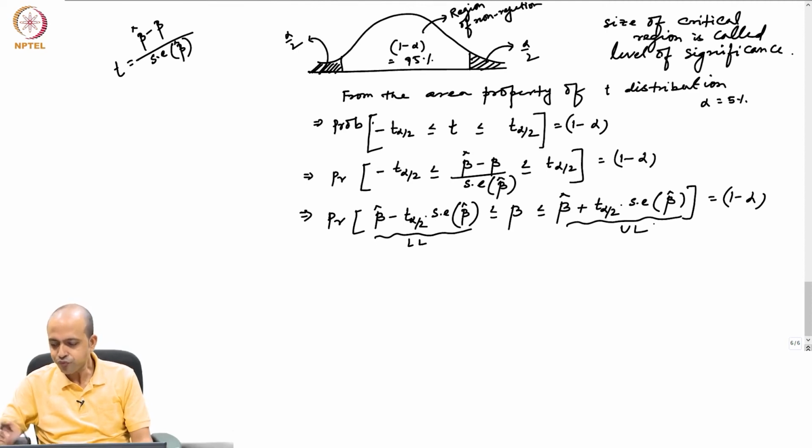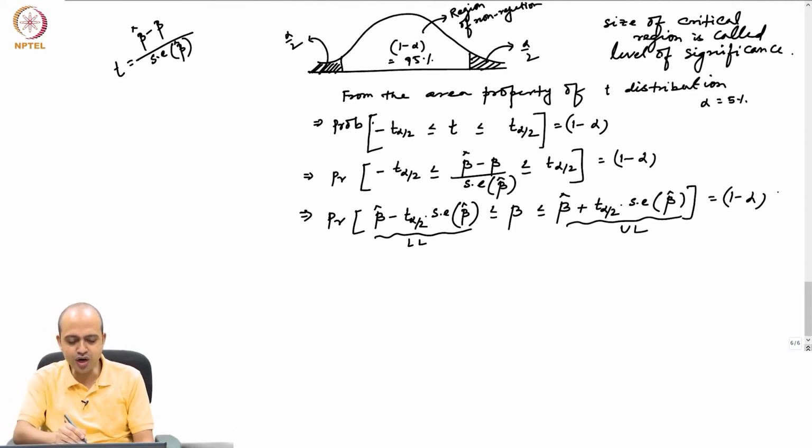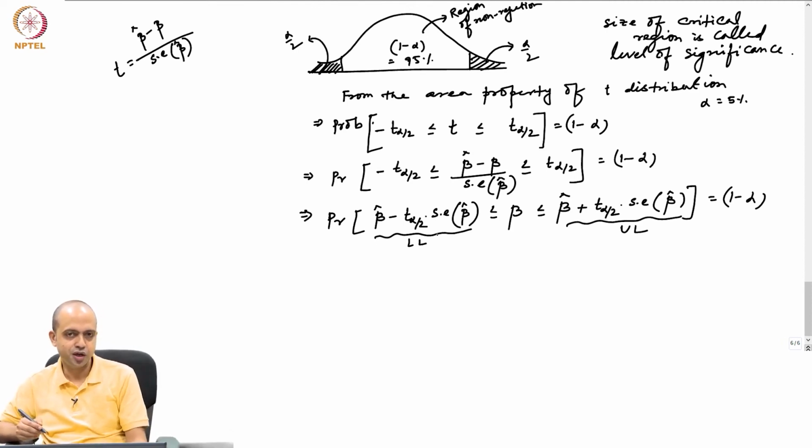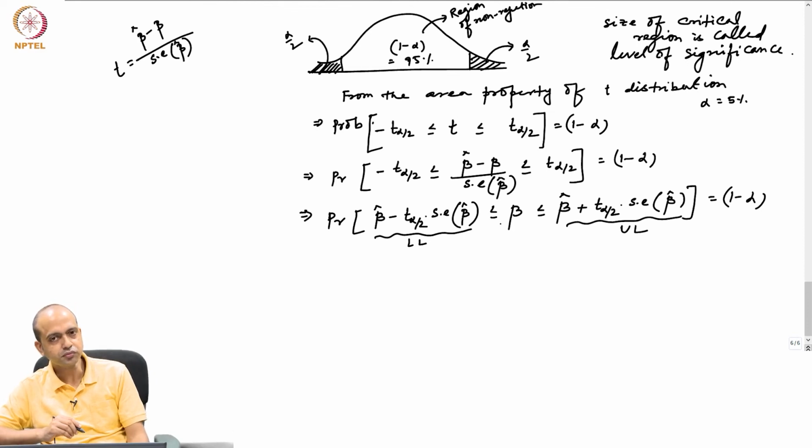So, what does this probability statement say? Apparently, it may appear that you would like to interpret this probability statement as: this interval will capture the true value of beta, the population parameter beta. The probability that this interval will capture beta is 95%.